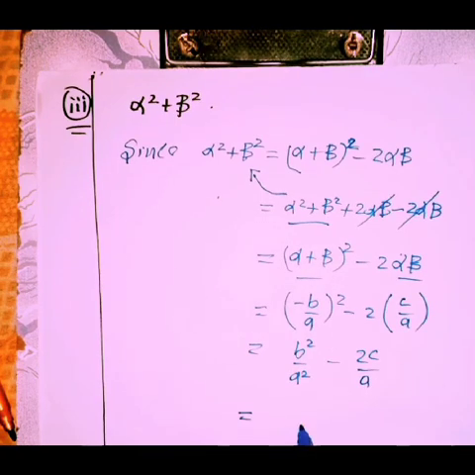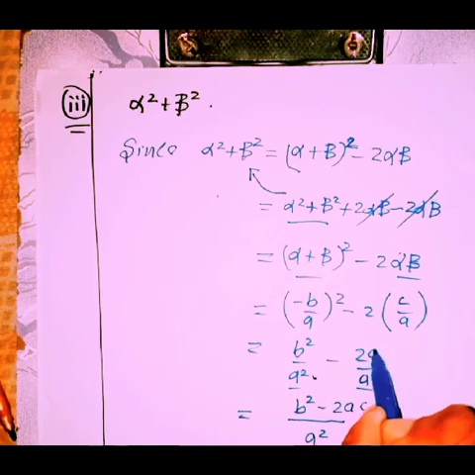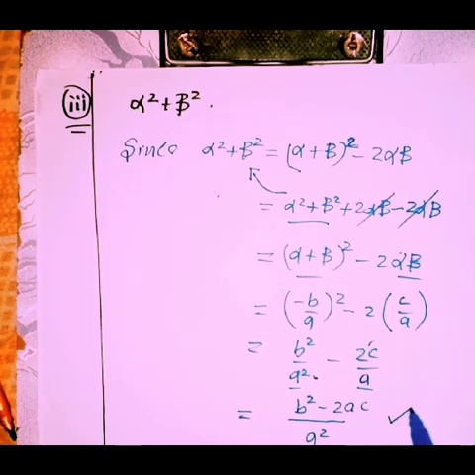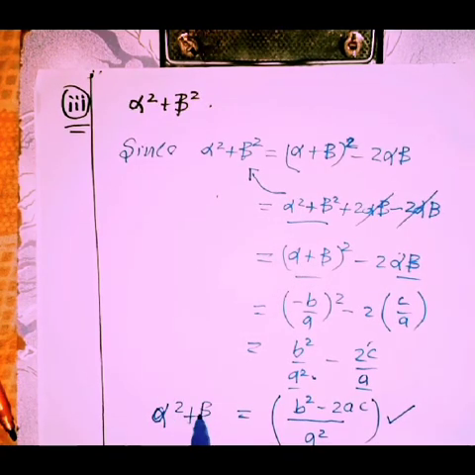Now if we take the LCM of a square and a, we can write a square in the denominator, and in the numerator we can write b square minus 2ac. This is the required value of alpha square plus beta square.